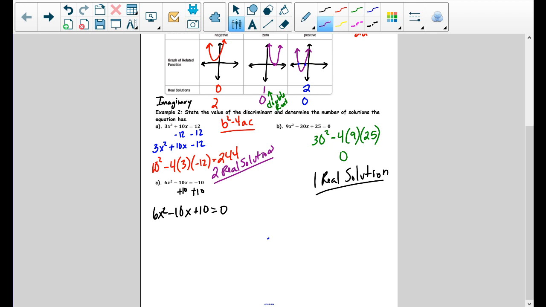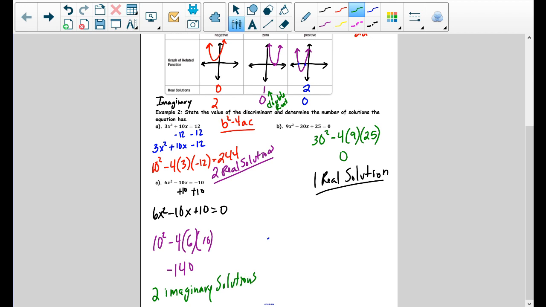So b squared, so 10 squared minus 4 times a is 6 times c is 10. 10 squared minus 4 times 6 times 10. And that gives me a negative 140. Since it's negative, that means 2 imaginary solutions.